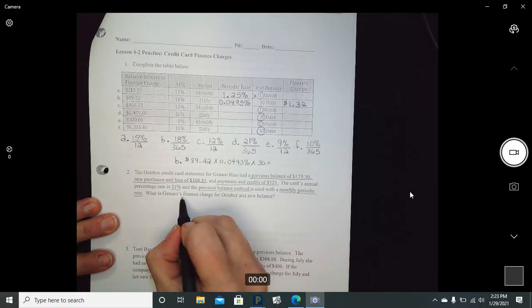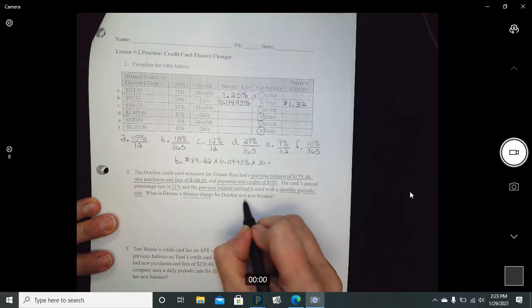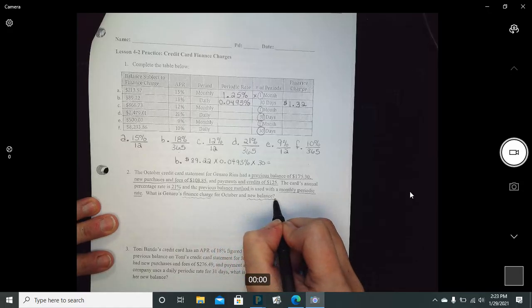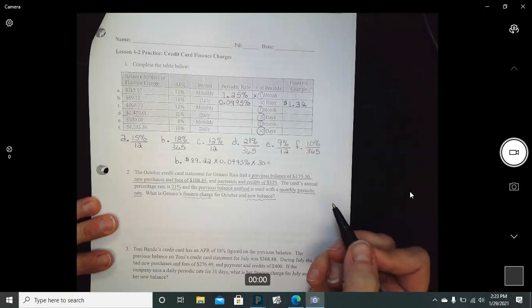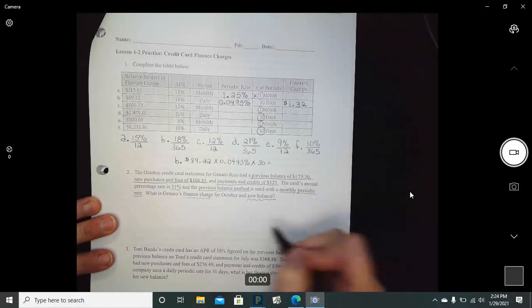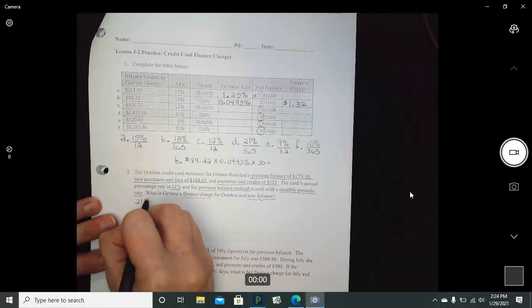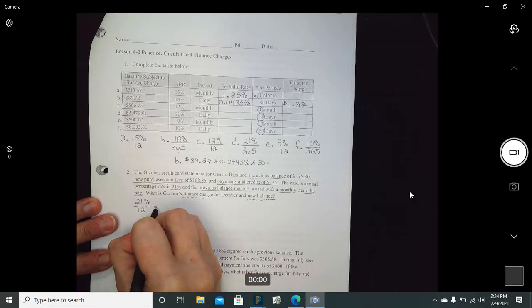And you're going to have two answers: your finance charge and your new balance. So you know you're going to have to find this, the 21%, and we're talking about the month of October, so you would divide by 12.